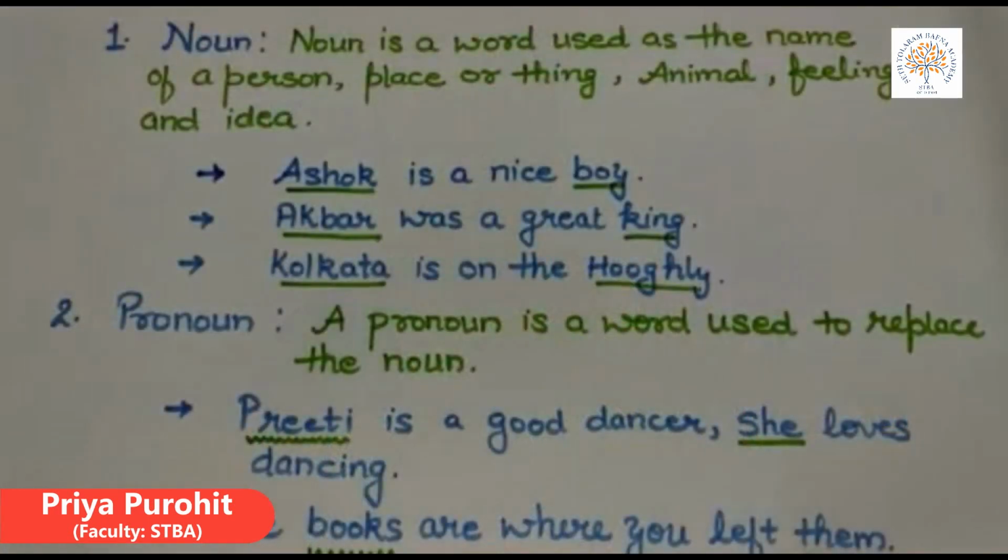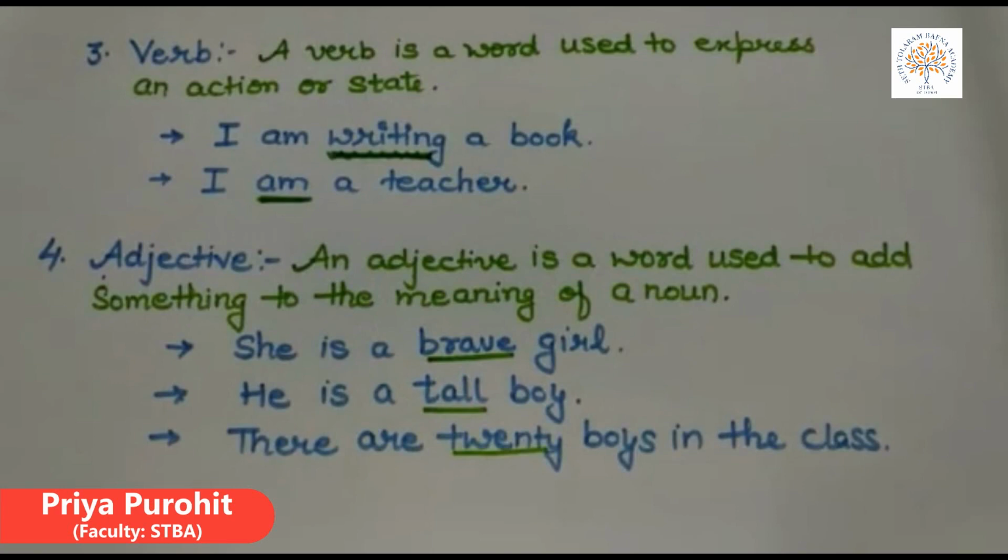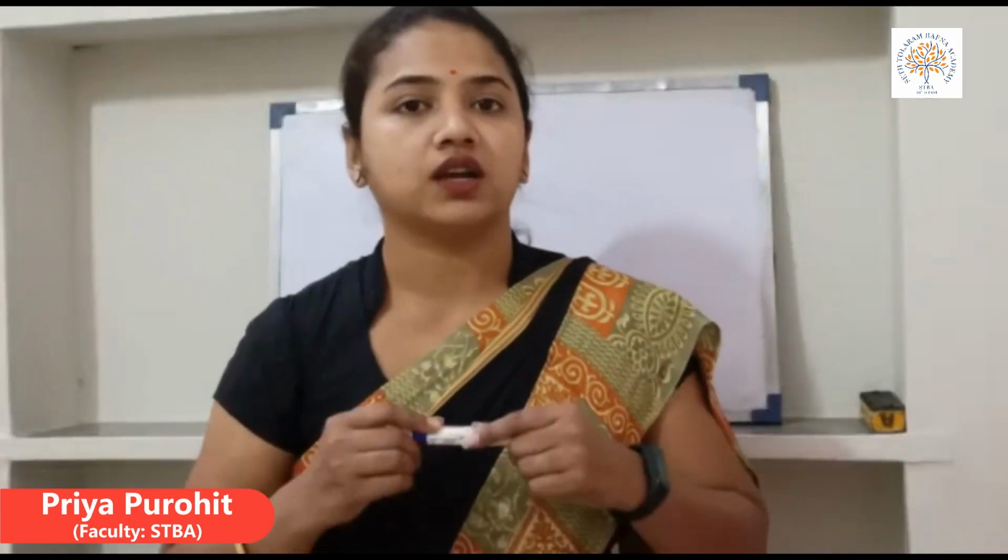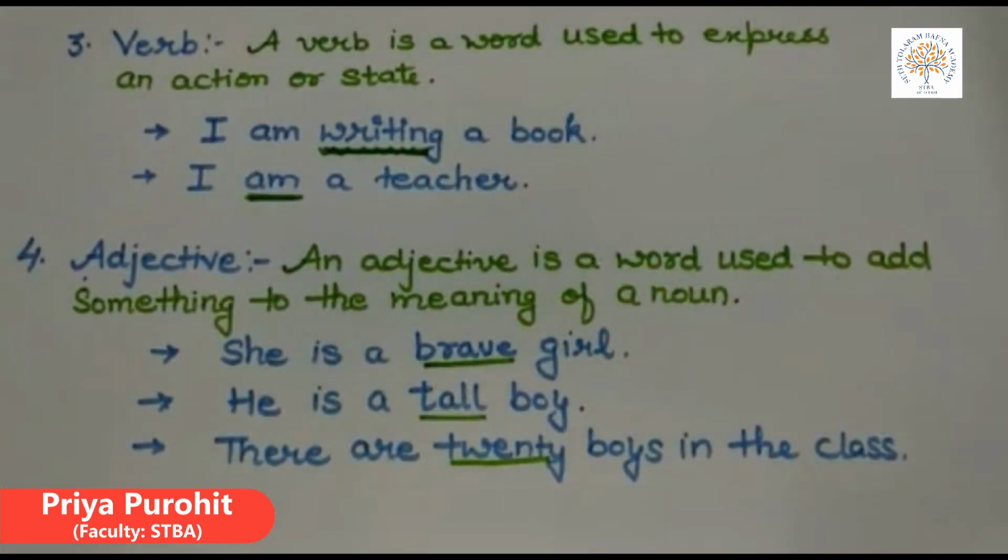Next is pronoun. Pronoun is a word used to replace the noun. Next is verb. A verb is a word used to express an action or state. Next one is adjective. Adjective is a word used to add something to the meaning of a noun. We can also use adjective to show the characteristics and the quality of something.